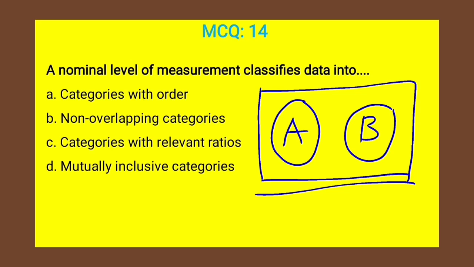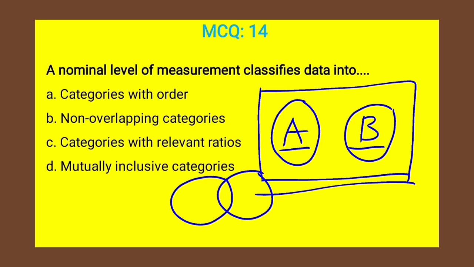If it were mutually inclusive, then a person in group A can also be in group B, and we would have circles like this, where they will be overlapping, meaning that a member in group A can also be a member in group B. Since a nominal level of measurement has mutually exclusive data, there will be no overlapping of members, or overlapping of categories.